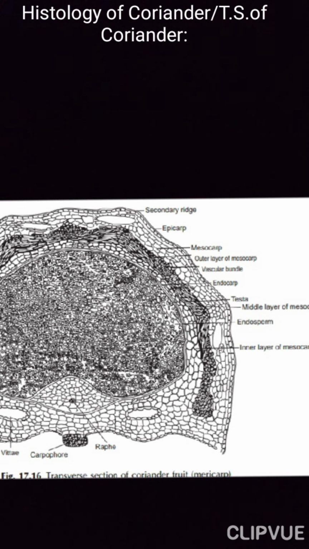The mesocarp is divided into three parts. Then at the bottom, the raphe, the carpophore and the vittae. So let us discuss one by one.